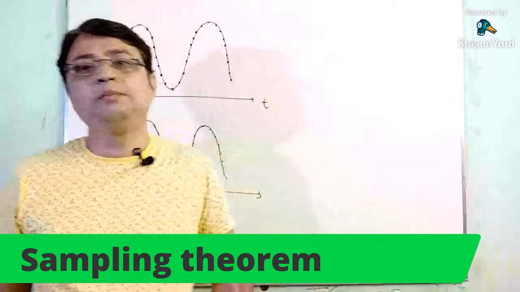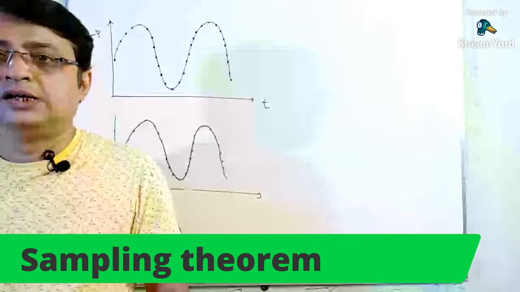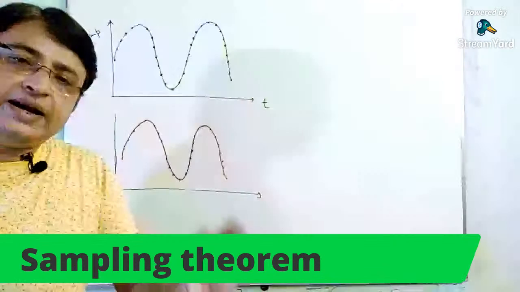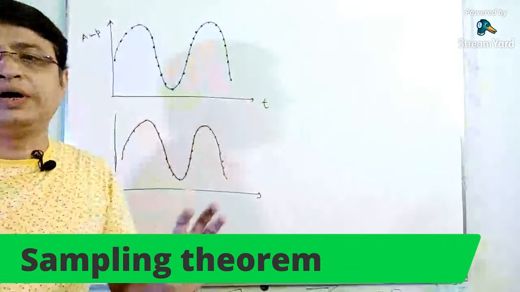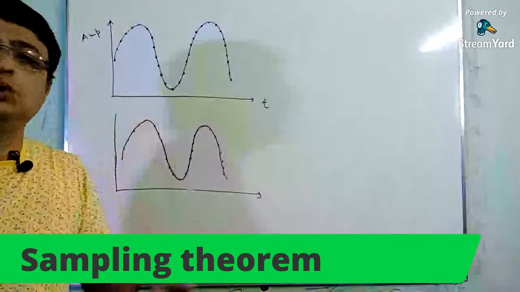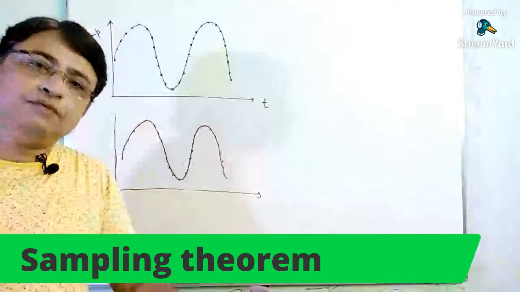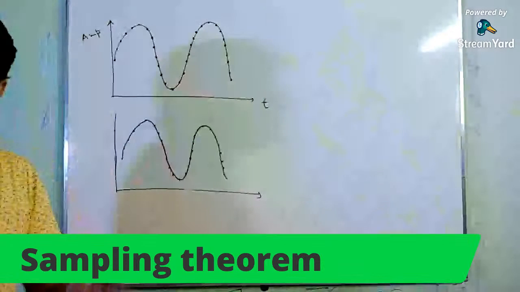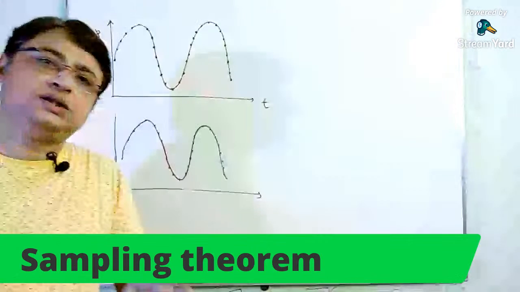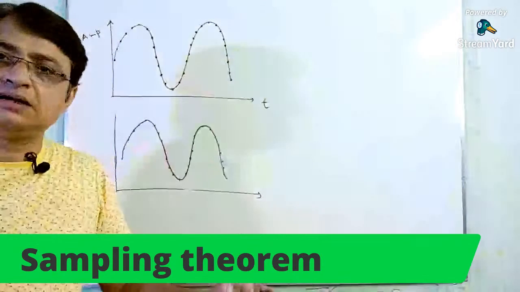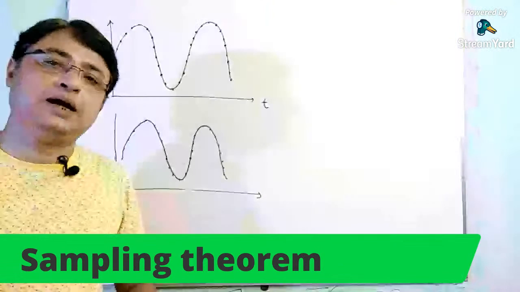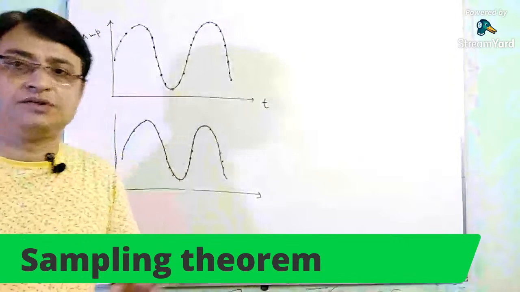It will be a costly affair. So whenever we have to convert an analog signal into a digital signal, just maintain the sampling rate as shown by the Nyquist theorem or Nyquist rate.